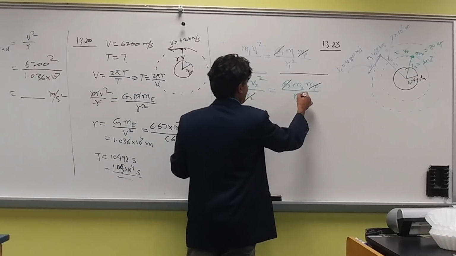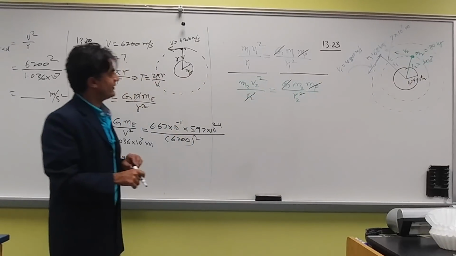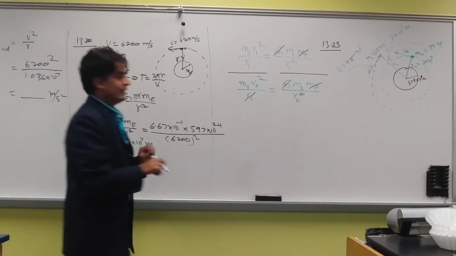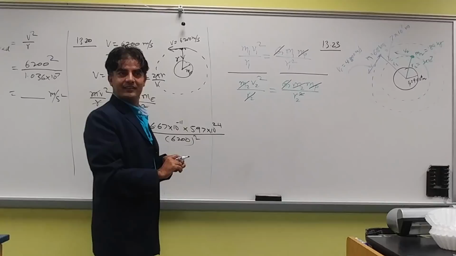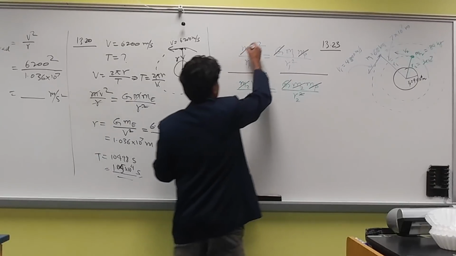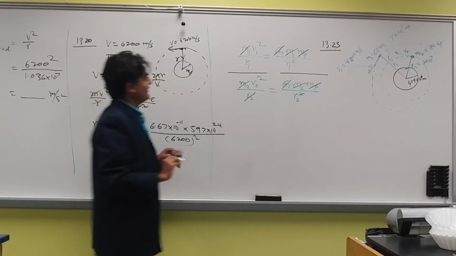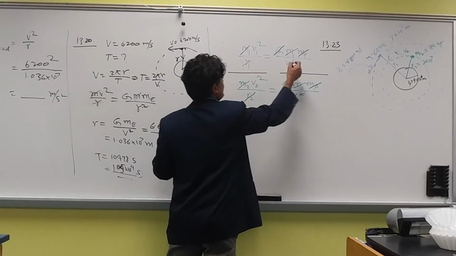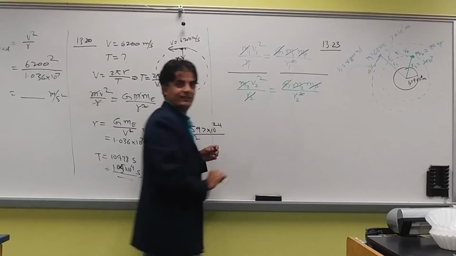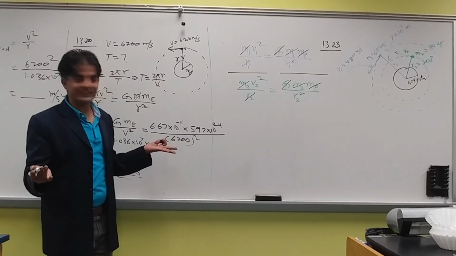This one and this guy will be gone. This m2 and m2 is gone, and then m1 and m1 is gone. And R1 with the square is gone. 1 will be there.